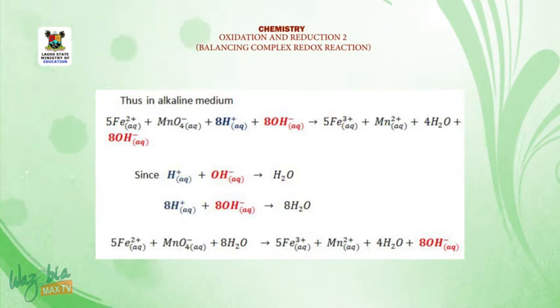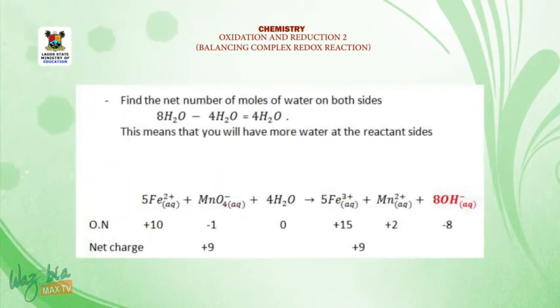So the equation becomes 5 moles of Fe2+ plus manganate ion, that is MnO4 minus, plus 8 moles of water to give 5 Fe3+ plus 1 mole of Mn2+ plus 4 moles of water plus 8 OH minus. Now find the net number of moles of water on both sides.